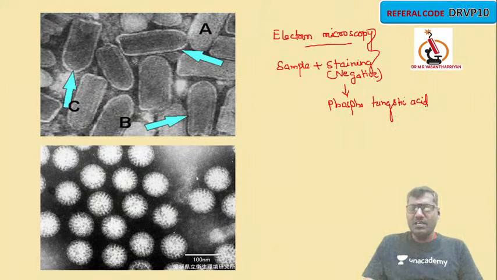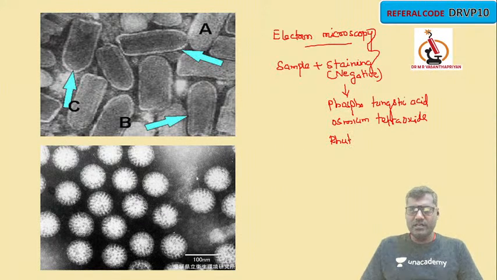Phosphotungstic acid. Then we can also use osmium tetroxide or ruthenium tetroxide, but mostly we use the first one, phosphotungstic acid.